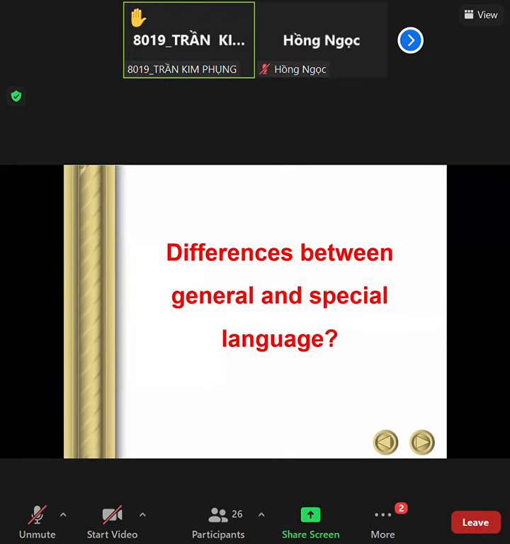In my opinion, I guess the difference between the general and special language comes from their range. General refers to ordinary conversation, ordinary situations around our life, right? General language is broader, whereas special language focuses much more on the core of it.